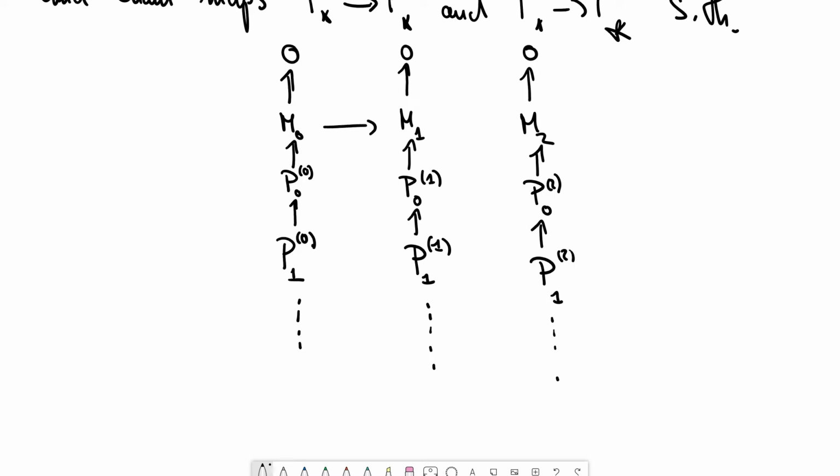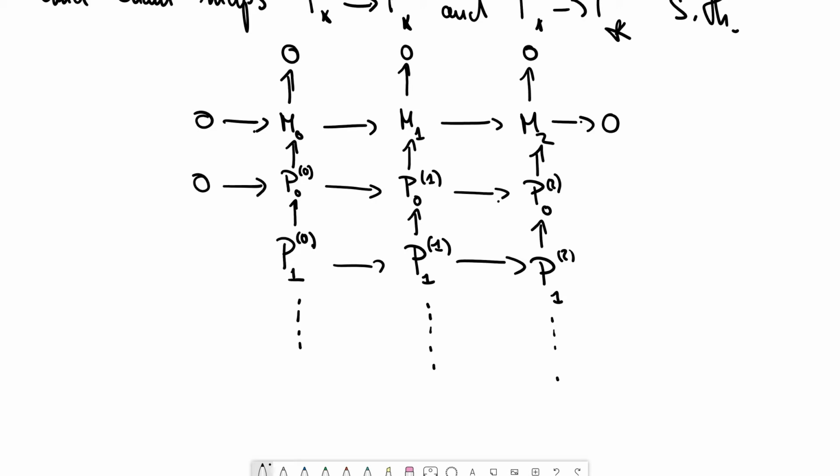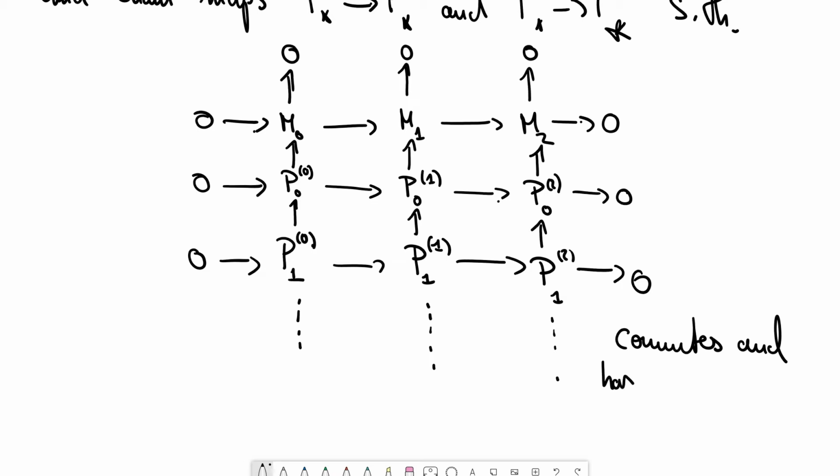These maps we have anyway, this short exact sequence here, and the statement is that we have chain maps between these resolutions such that everything commutes, and in addition, on each row we have short exact sequences. Even split short exact sequences, right? Because those are projective modules. That's true.